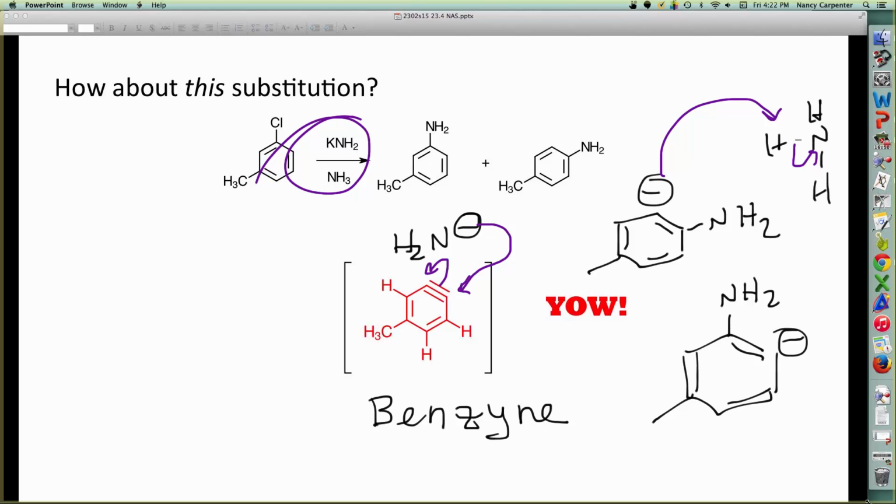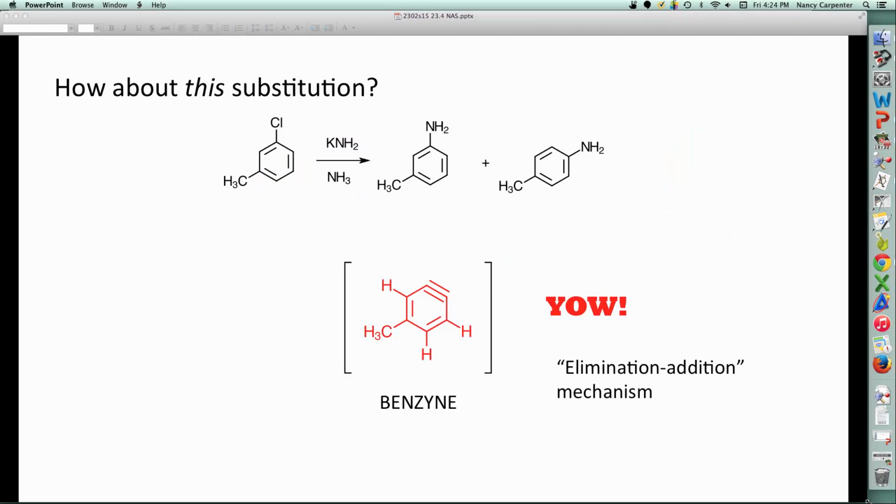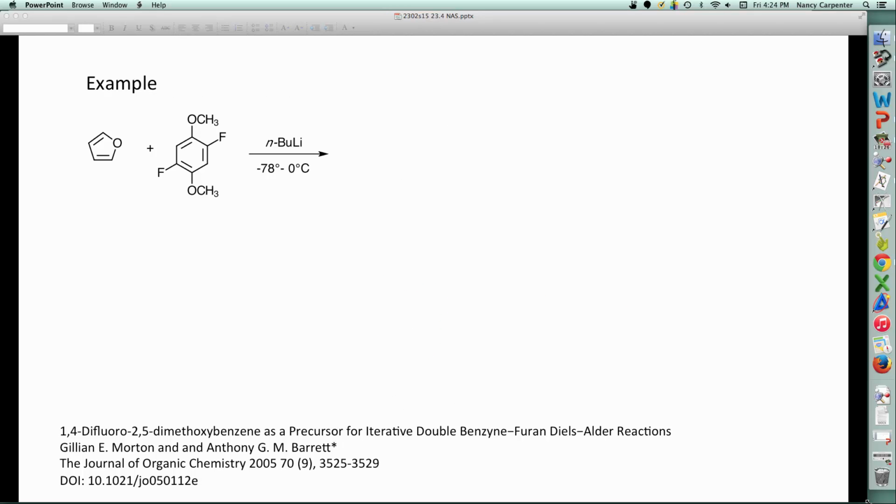And you may think this is craziness, nobody would do this kind of chemistry, but you would be wrong, because here's an example not that long ago where these researchers carried out this reaction. They've got an aromatic furan on the left and this tetrasubstituted aromatic on the right with a very strong base.